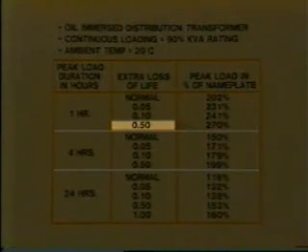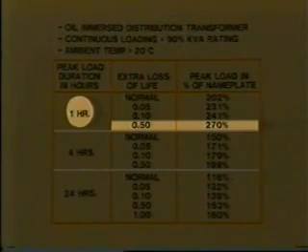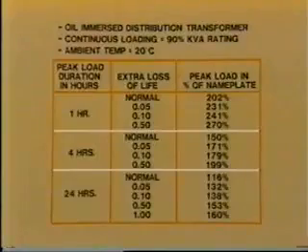According to the chart, we can load this distribution transformer to 270% of its kVA rating for 1 full hour. This represents an overload of 170%. By contrast, on a substation transformer, this magnitude and duration of overload would be quite unacceptable.